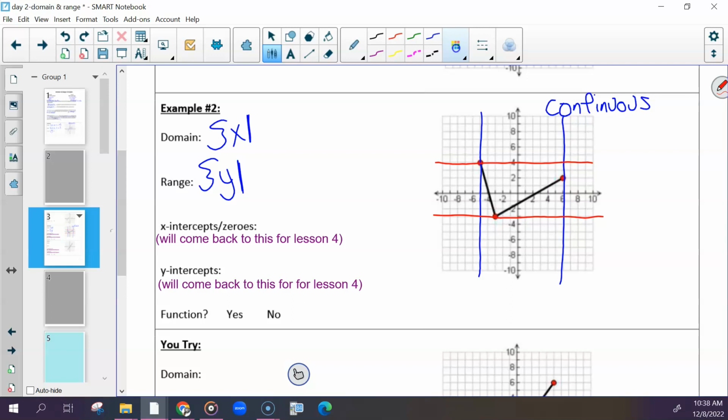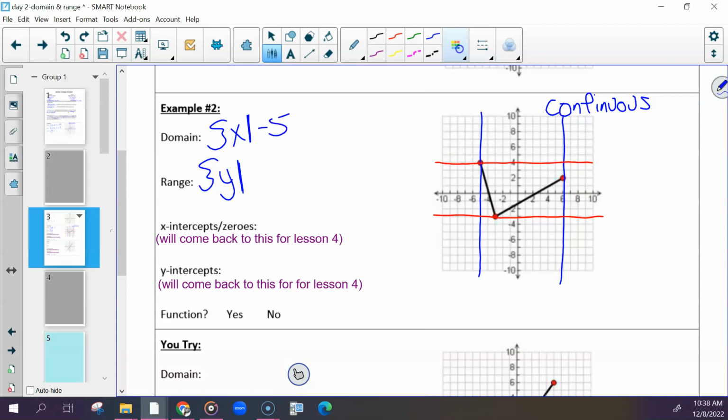So what is your furthest point to the left? -5. -5 for left. 4 you were thinking highest or right. So -5.